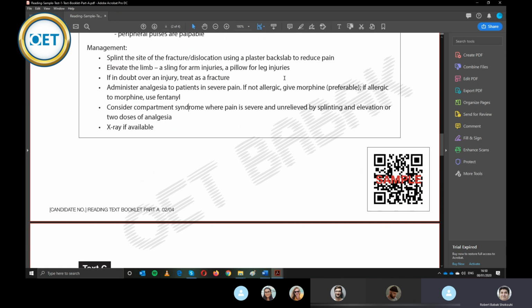This is called scanning. I find a keyword, and then I scan for it. I know roughly where it is because I have skimmed the text. So I know that this would be in management or in text C. That's why I scan here. I don't scan the whole text.